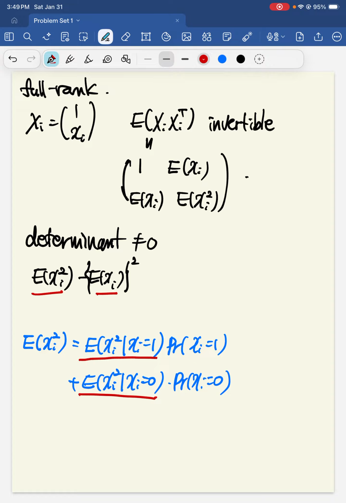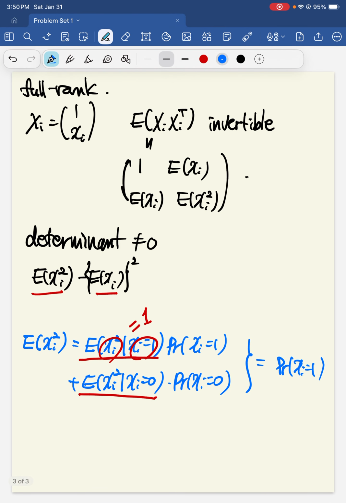So you only have this, and in this case it is 1, right? It is not 0, it is definitely 1 when x is 1, its square is also 1. So the expectation of x squared equals the probability x equals 1.